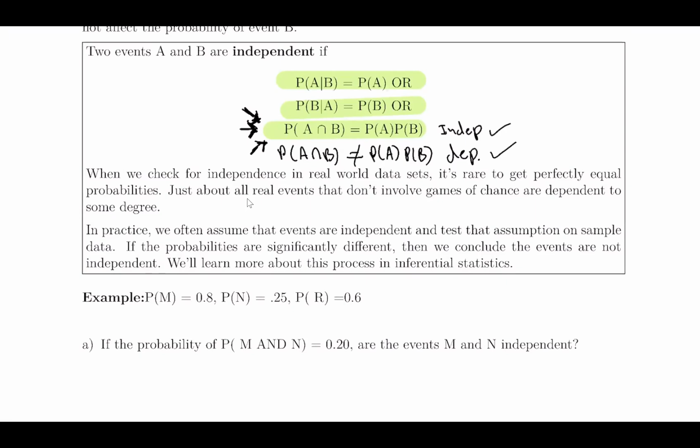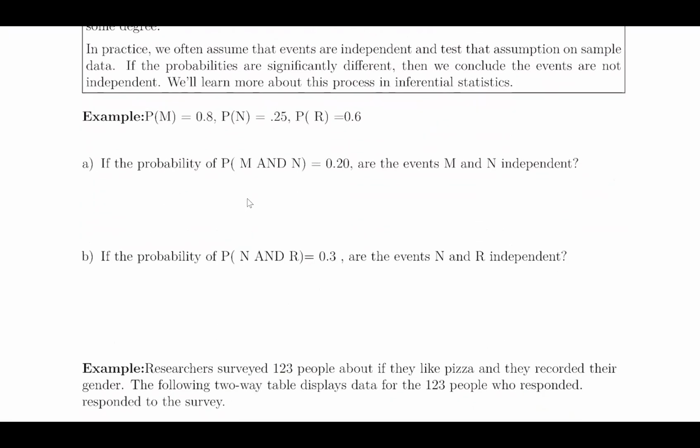All right, so let's go ahead and do our very first example. Right here, I gave you the probability of M, the probability of N, and the probability of R. What we want to see is if these events are independent from each other.